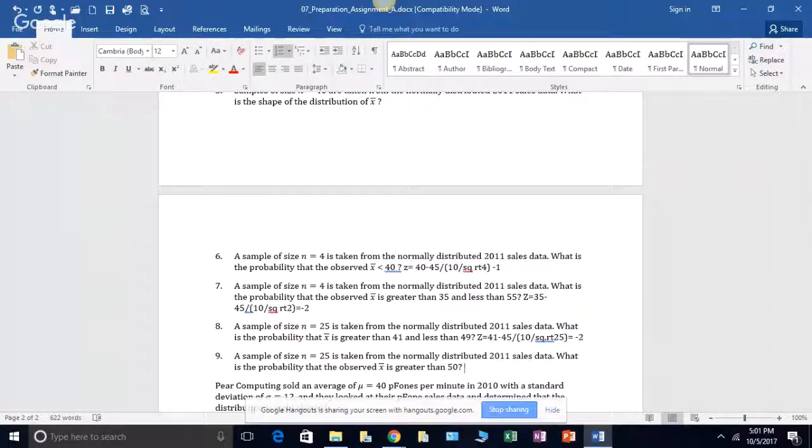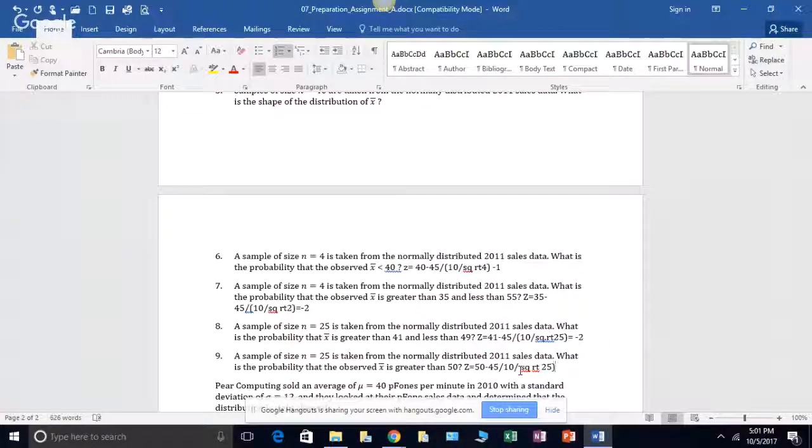So again, we'll do z equals 50 minus 45, divide that by 10 divided by the square root of 25. And so now we got 5 divided by 2 equals 2.5.